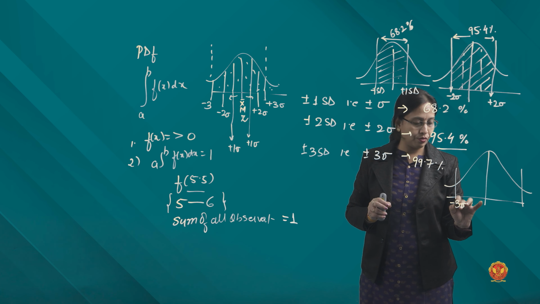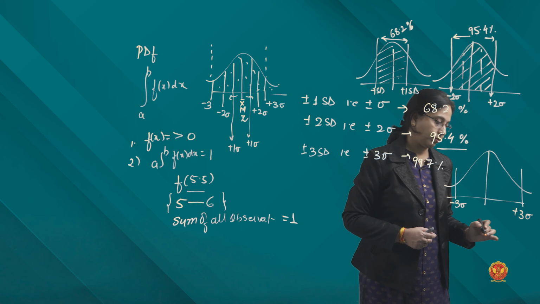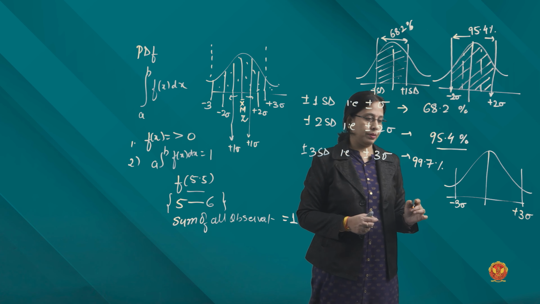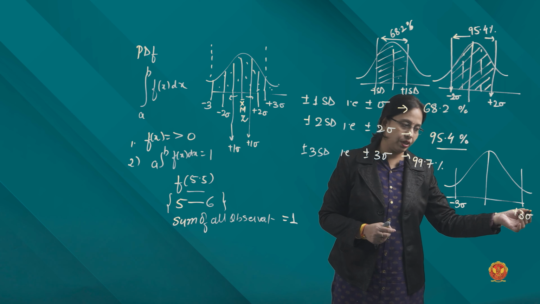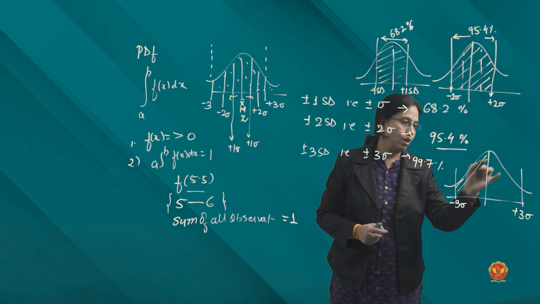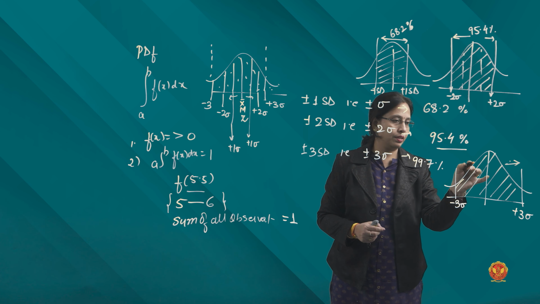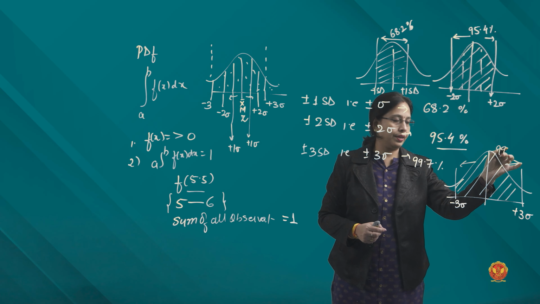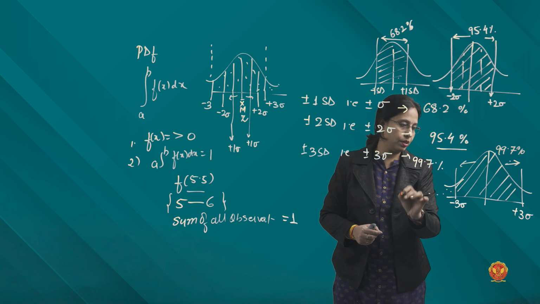Minus 3 standard deviation from the central value average and plus 3 standard deviation from the mean, population mean. So if we move from the population mean plus 3 deviation and minus 3 deviation, how much total observation? It is 99.7. Remaining 0.3% observation.